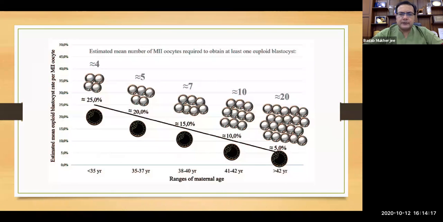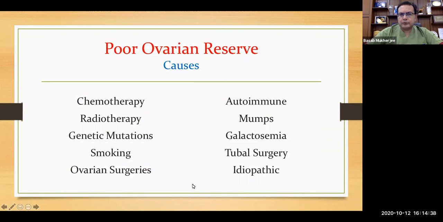The age is on the x-axis. With increasing age, you need more M2 oocytes to obtain at least one euploid blastocyst. That shows your chance of conception keeps decreasing as you increase in age, and that is very well documented.